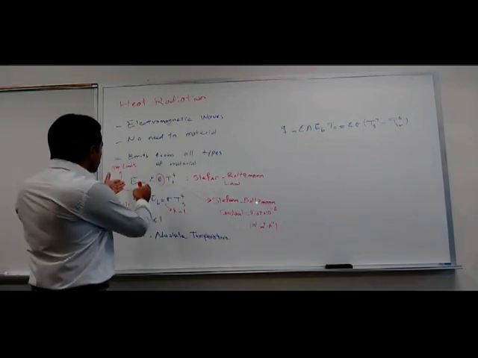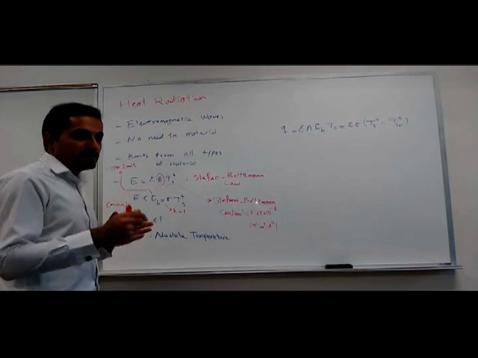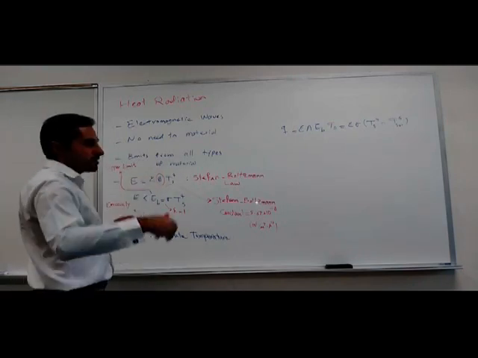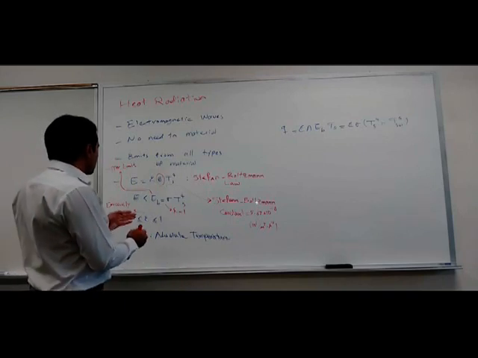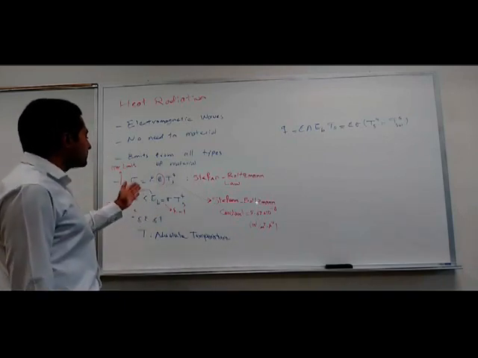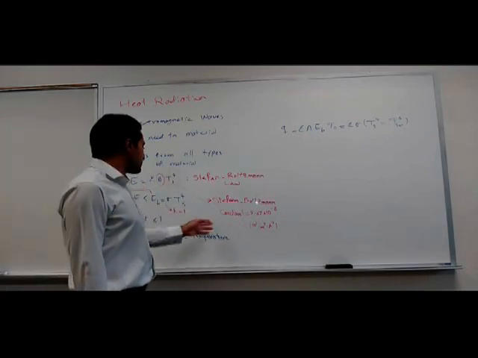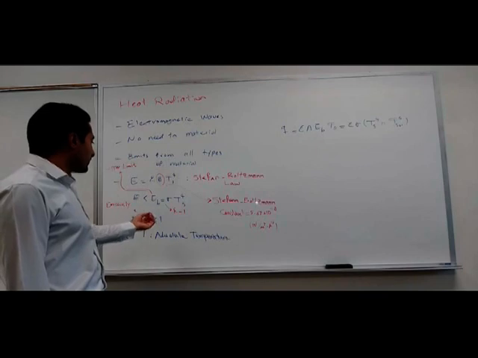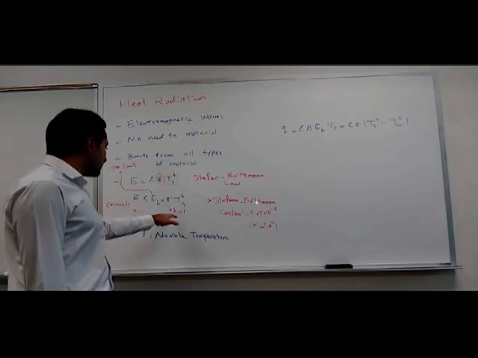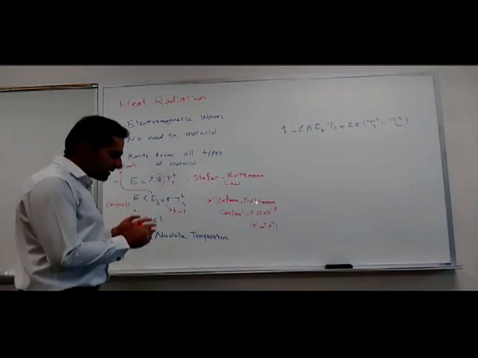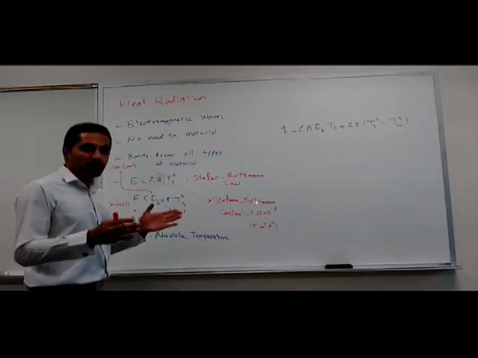This is the Stefan-Boltzmann law, which gives you the emissive power of a material or of a surface. But this power is limited by an upper constraint, which is E_b, equal to the Stefan-Boltzmann constant times the temperature of the surface to the power of 4. It means that here the emissivity is equal to 1, which means that we have a black body.